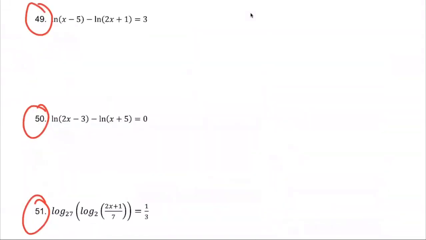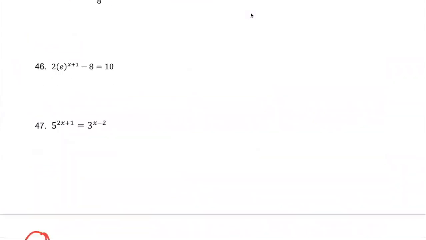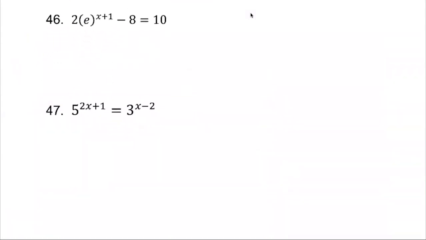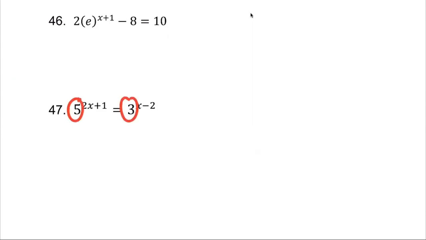Okay, 47. So a question like this is an exponential, but you unfortunately cannot get them to be the same base. So in that case, you're going to have to take the log of both sides. What I told you guys in class is basically choose whichever base had the exponent attached to it that had the least number of terms.